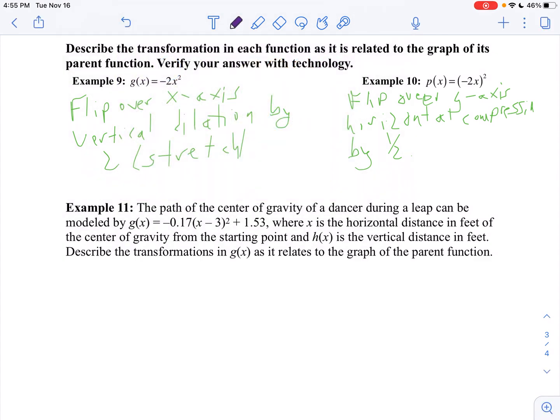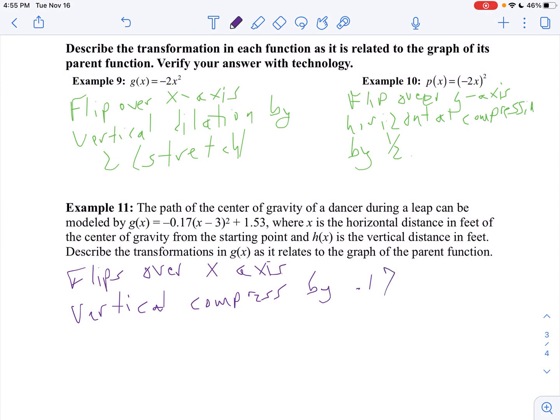What's going on here? Well, first off, this negative flips it over the x-axis. Then I'm going to vertically dilate it, or in this case compress it, by 0.17.